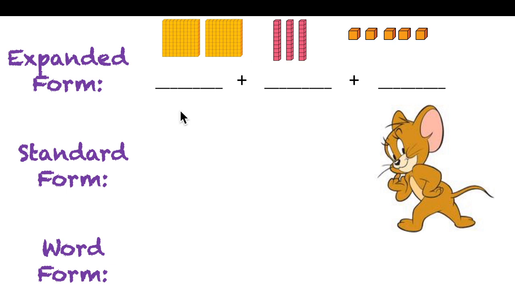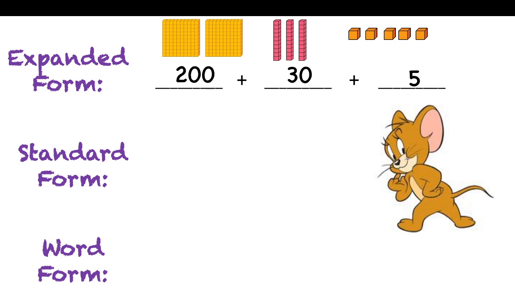Let's see how we can do the standard and expanded form. We will count first hundreds, tens, and ones. How many hundreds do we have? 200. How many tens do we have? 3. 3 tens equals 30. How many ones do we have? 5.